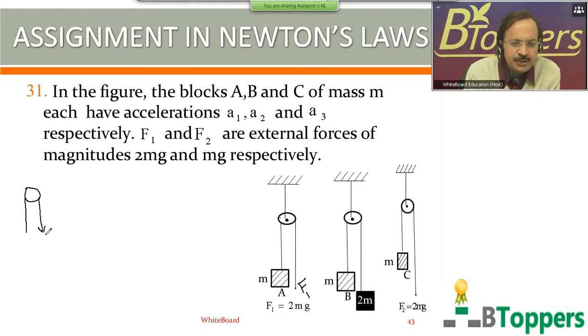The string on the right hand side is pulled with the force of magnitude F1. Therefore, in the first case, the magnitude of tension at any cross section of the string will be equal to F1. So the magnitude of tension force exerted by the string on the block A in the first case can be taken as equal to F1, which acts upwards.